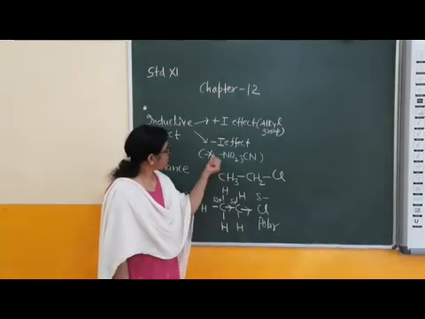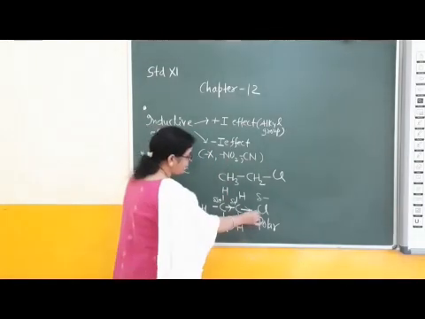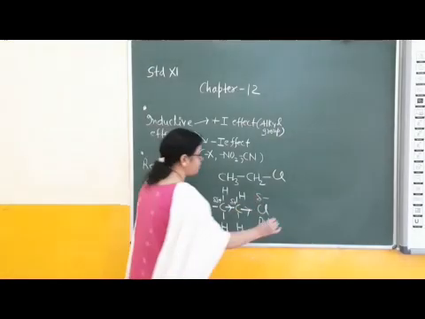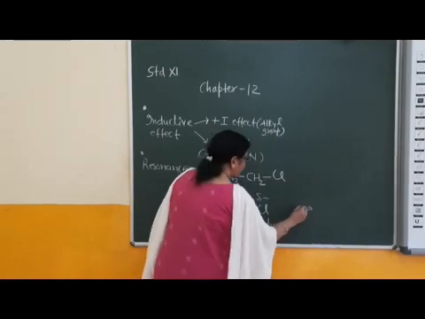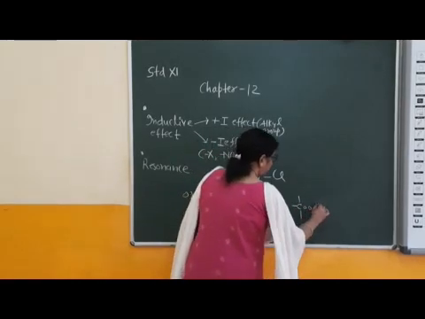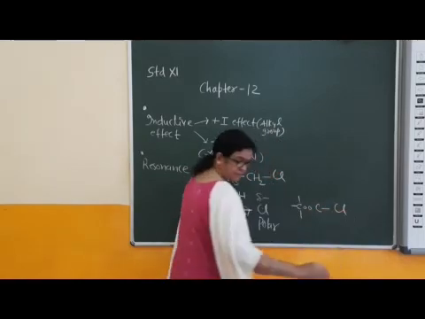Okay children, this effect is the minus effect, the electron withdrawing effect. Electron pair is withdrawn by the halogen atom. For example, for single bond formation, sigma bond formation, one pair of electrons is required. Cl.